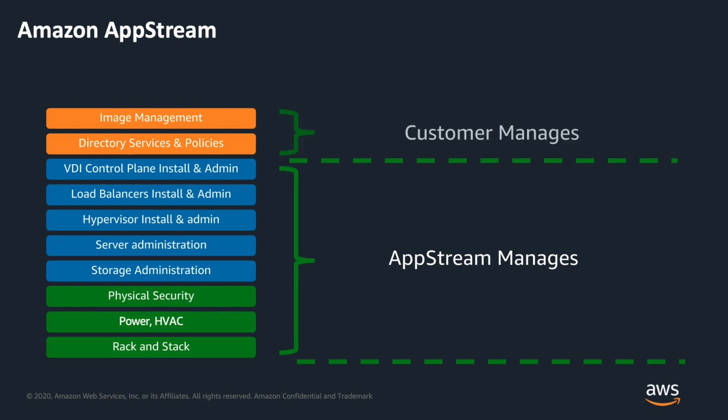And the only thing that you need to do is essentially just manage the image and any Active Directory kind of services. So it really does let you focus on just making your customers get the resources they need and not having to focus on the infrastructure side.